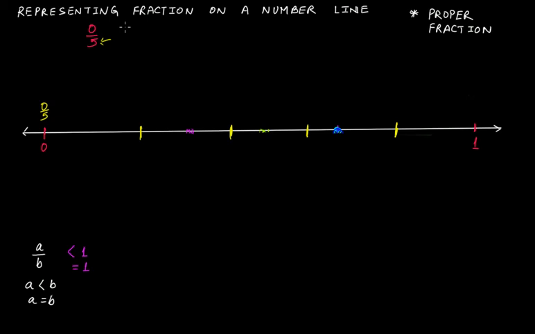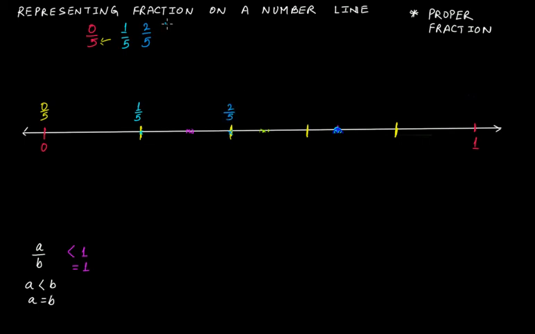What if I have to represent 1 by 5? Now 1 is telling you that it's talking about the first part. So this point will be 1 by 5. If you have to tell 2 by 5, this is telling you that out of 5 parts, you have to talk about the second part. So this is the second part.